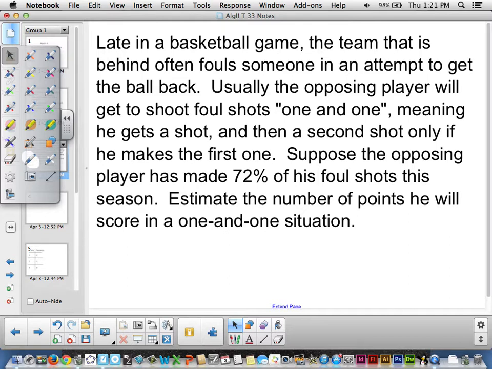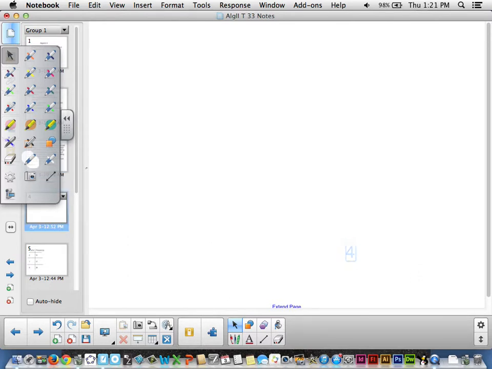All right, so what is the question we're trying to answer? We're trying to answer the average number of points the player will score. What is the average number of points the player will score?